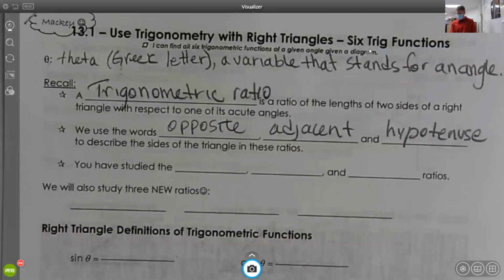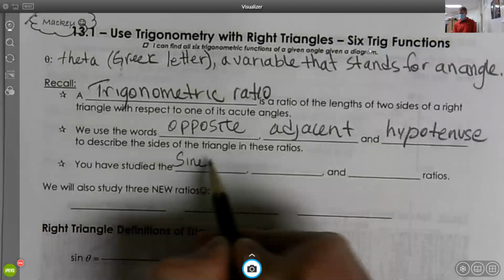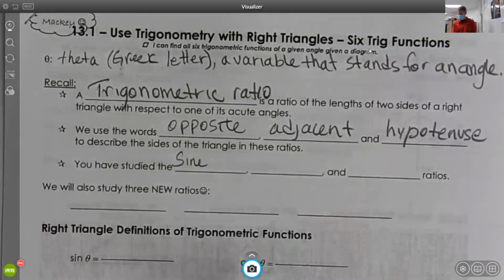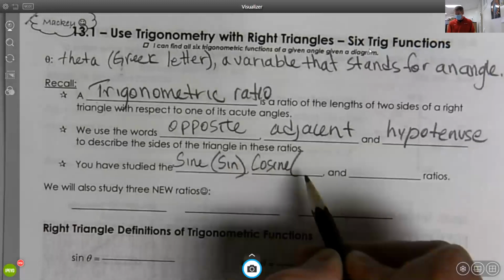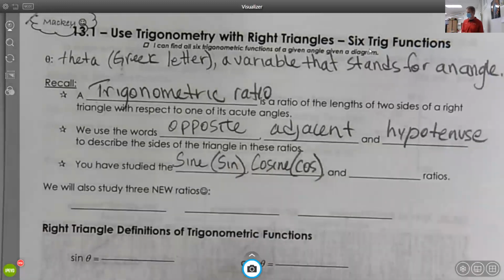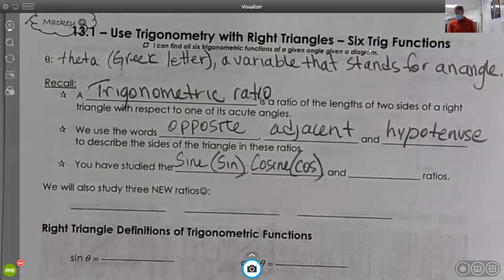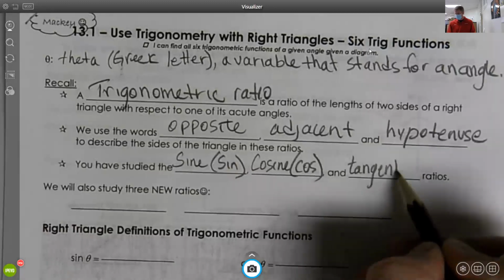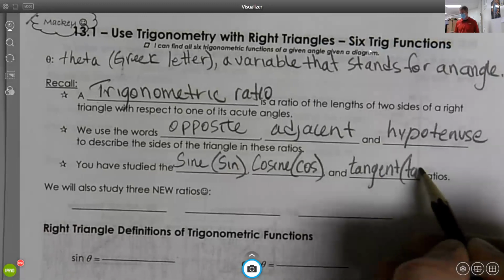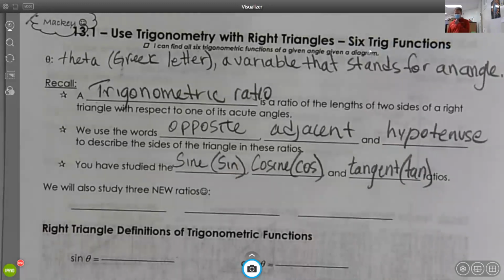We've learned about sine, which we abbreviate S-I-N, but that's still pronounced sine. We have cosine, which we abbreviate C-O-S. And then, of course, we have tangent, which we abbreviate T-A-N. So those are the 3 trig functions that you're most familiar with.